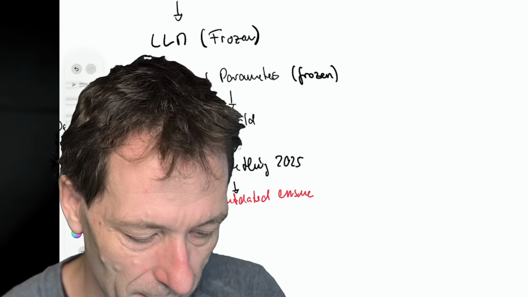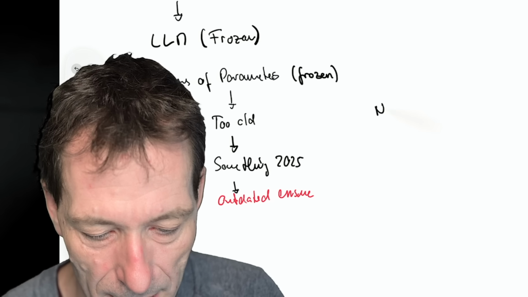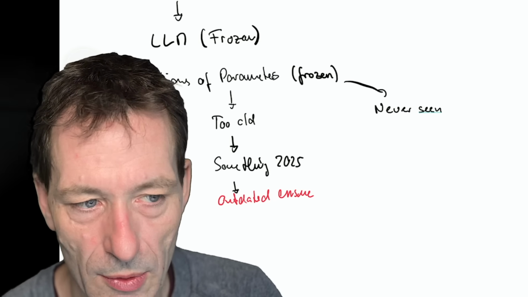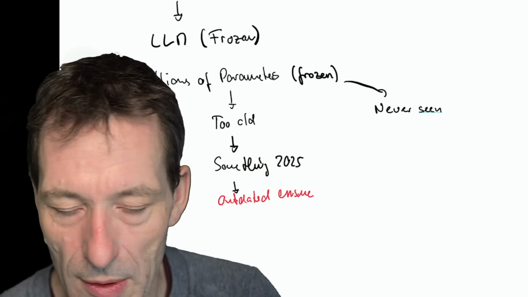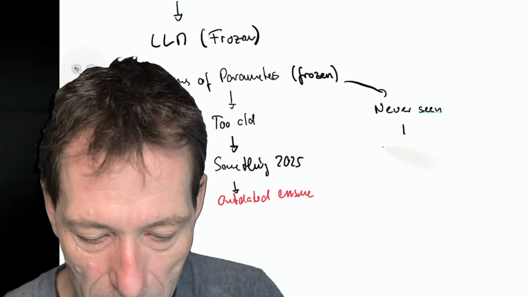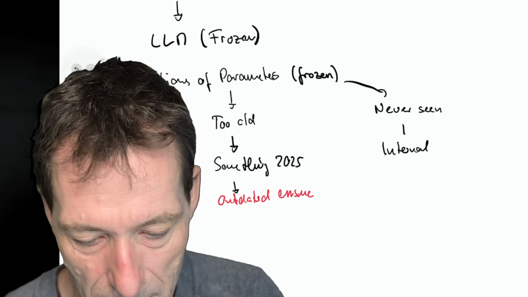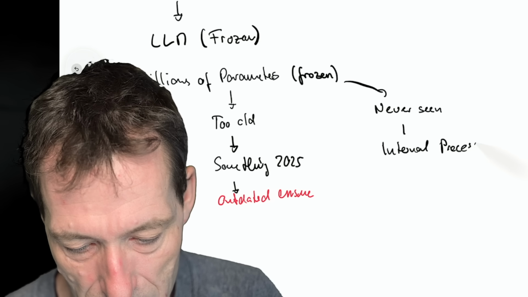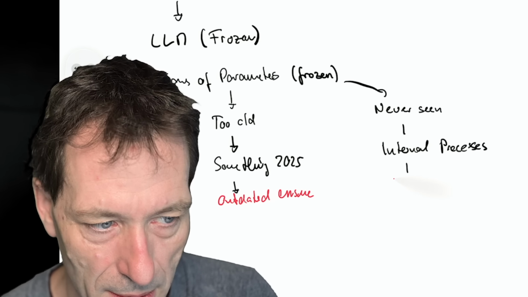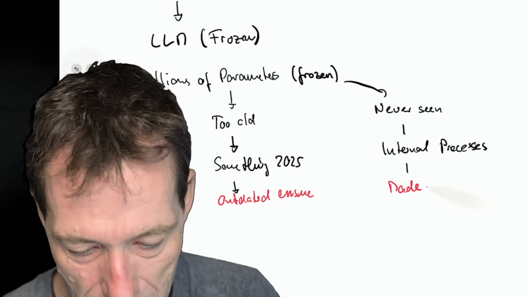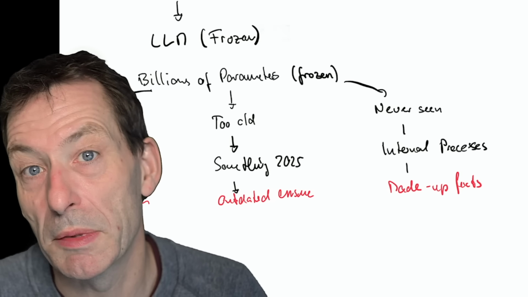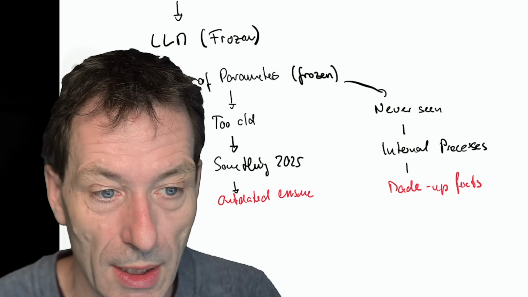As a third problem, it could be never seen. So you ask the model about something that the model has never seen. So let's say about internal processes. Then the model will make up some facts. Because you will always get an answer, but the answer is not really helpful, right?